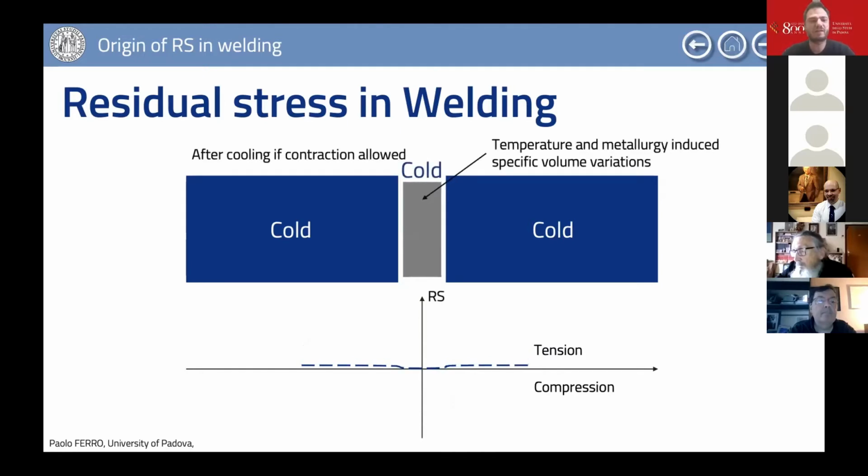If, for example, we assume that after cooling the central part, the weld beam, can vary in its volume without constraint, we have a variation, of course, during cooling of the specific volume of the melted part, for different reasons. First of all, because we have a thermal contraction, but we also have the possibility of an expansion because of the solid state phase transformation.